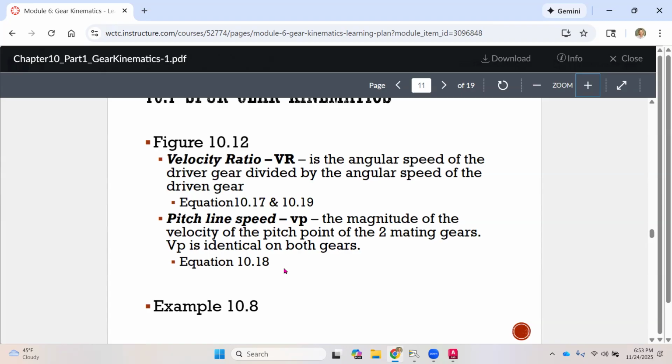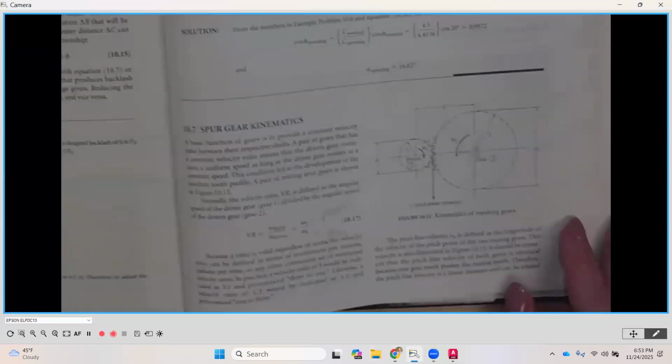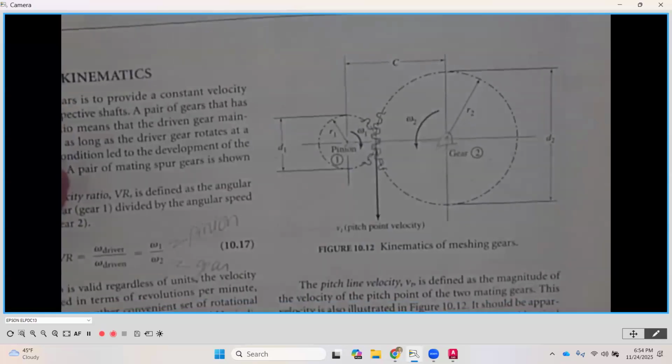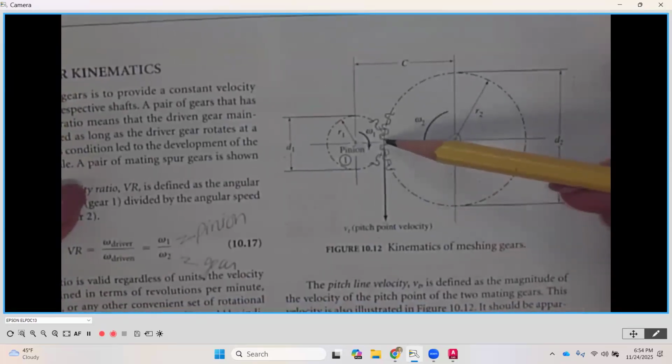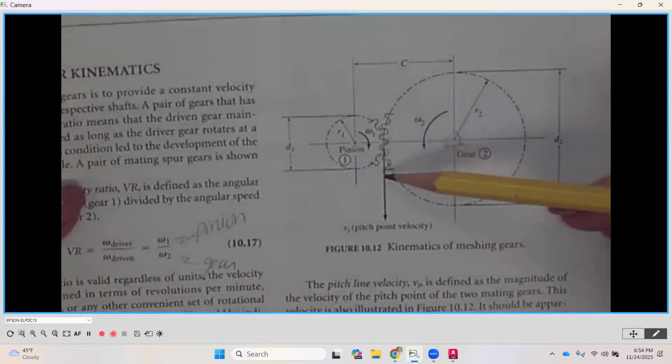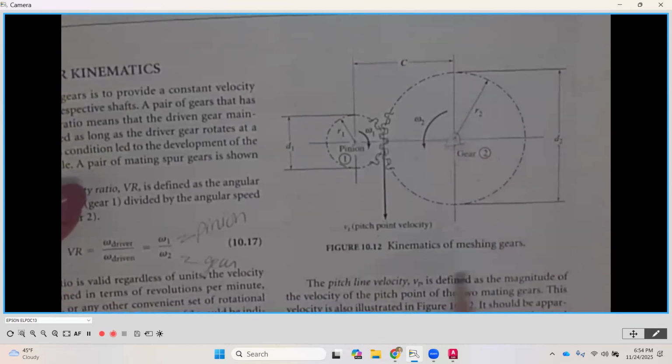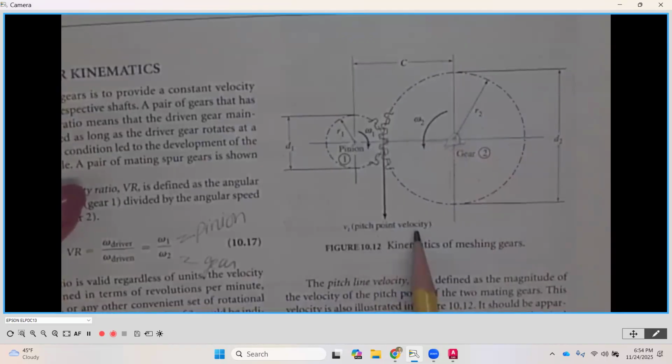So if we go back to page 273 underneath here, and we look at this illustration again, you're going to notice that we have this vector, and this vector is pointing down, and it's V sub T or V sub P, the pitch line speed.